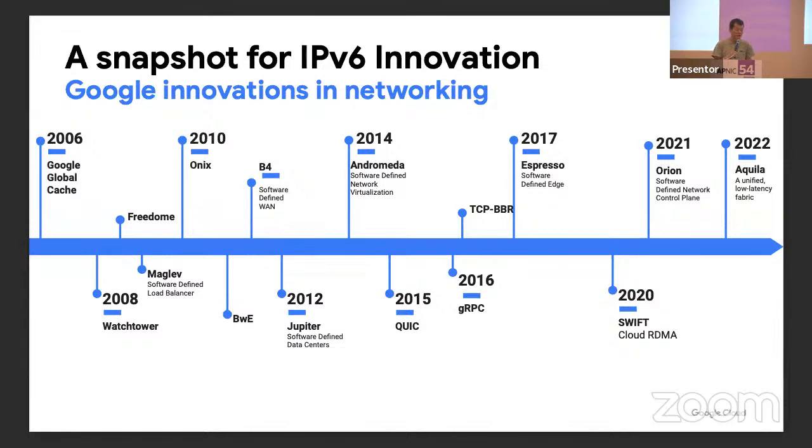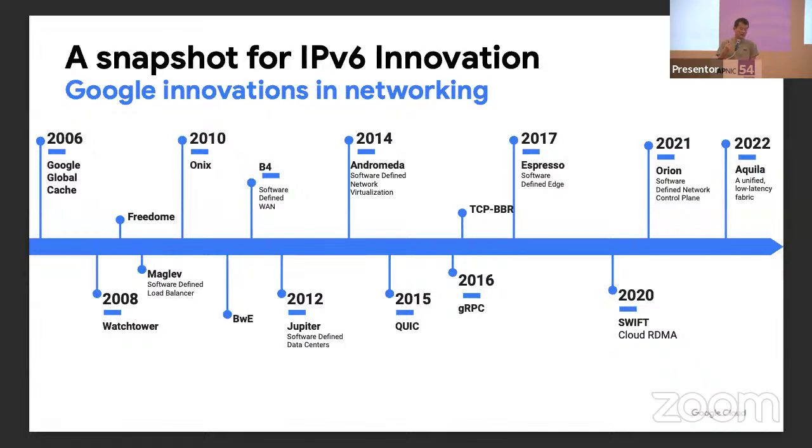Then followed software-defined WAN networking, the software-defined data center Jupiter, Andromeda software-defined virtualization, then Espresso software-defined edge. Then in recent years, 2021 and 2022, we launched Swift, which is for cloud RDMA.